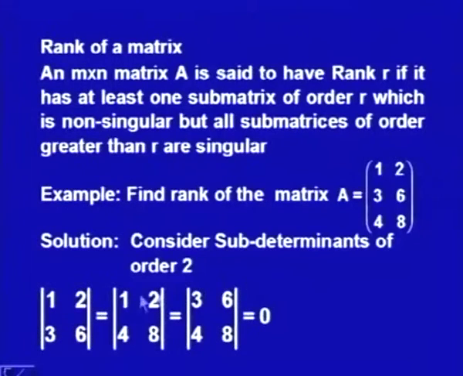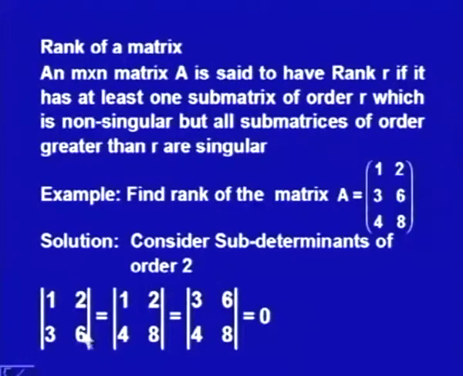This matrix will have 3 submatrices of order 2. The first determinant is of 1, 2, 3, 6. The second determinant corresponds to the submatrix consisting of the first row and the third row, and the third determinant is of the second row 3, 6 and the third row 4, 8.